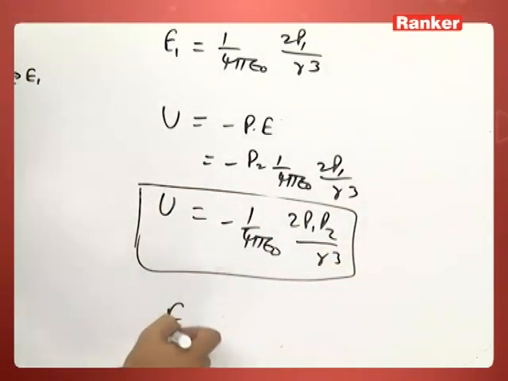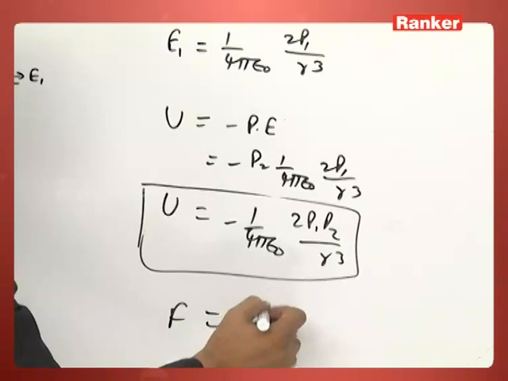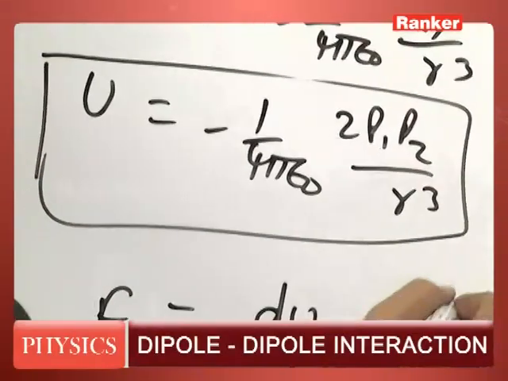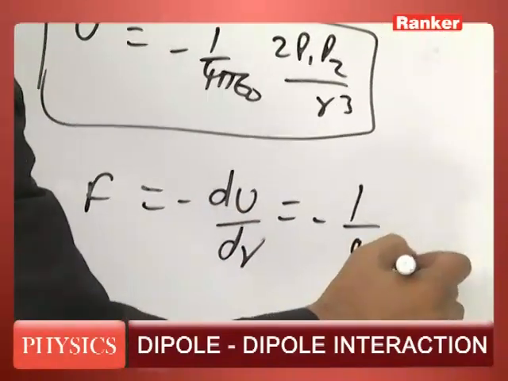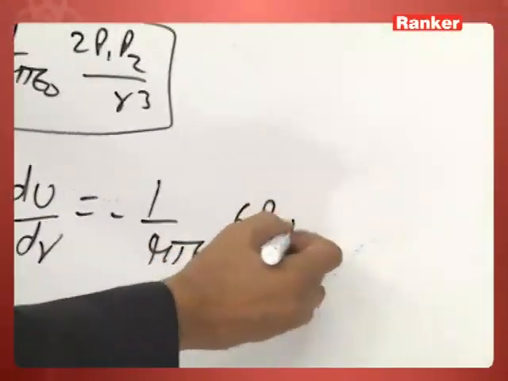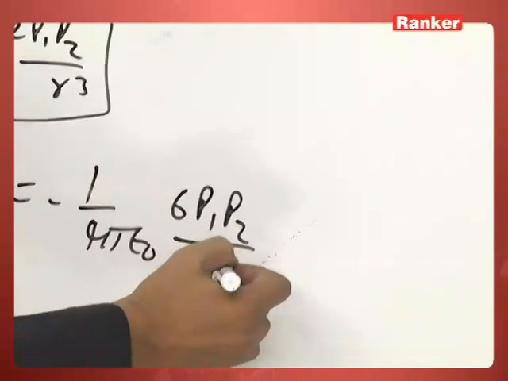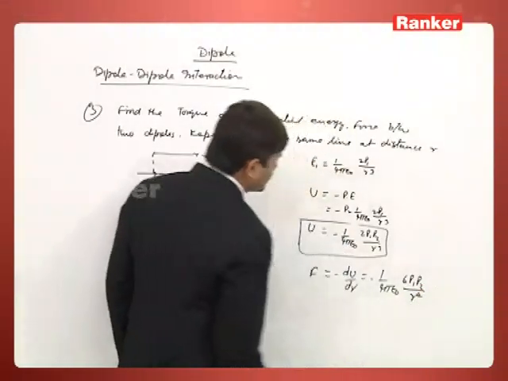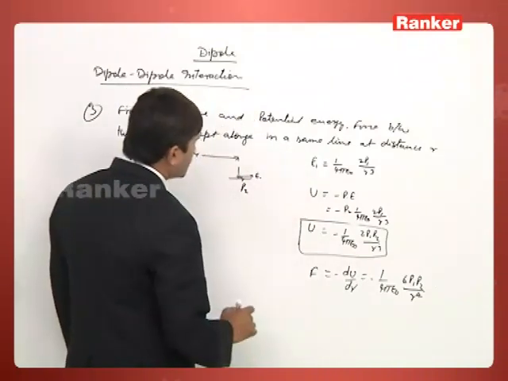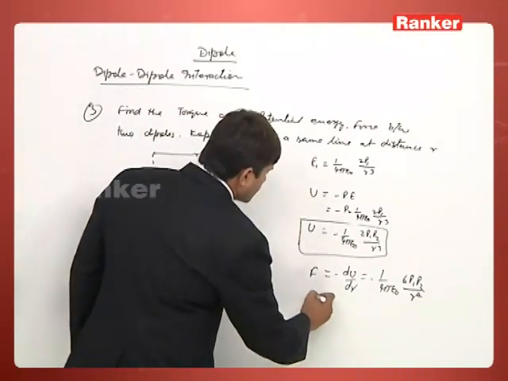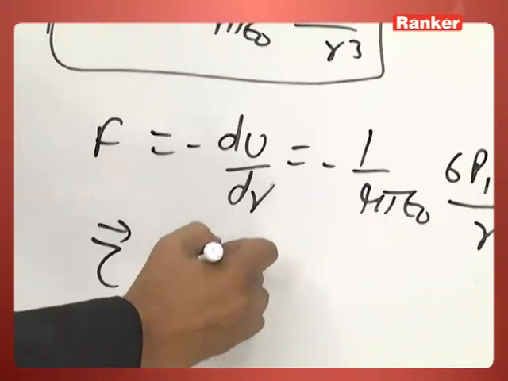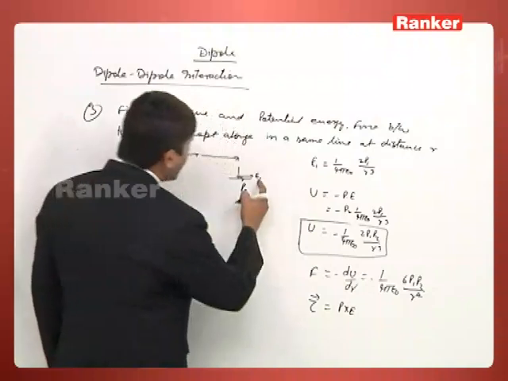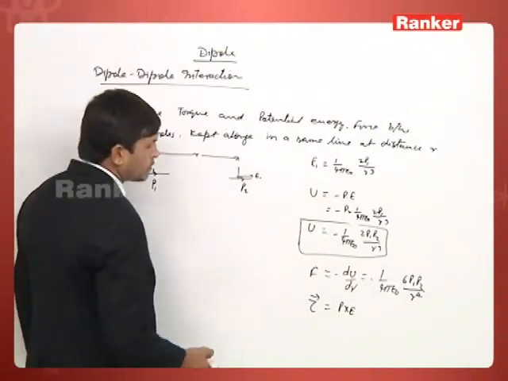Now the force. Force is minus dU by dr. By differentiation, you will get minus 1 by 4 pi epsilon naught 6 P1 P2 by r to the power 4. And if we are talking about the torque, it is P cross E, and here the angle between P and E is 0.